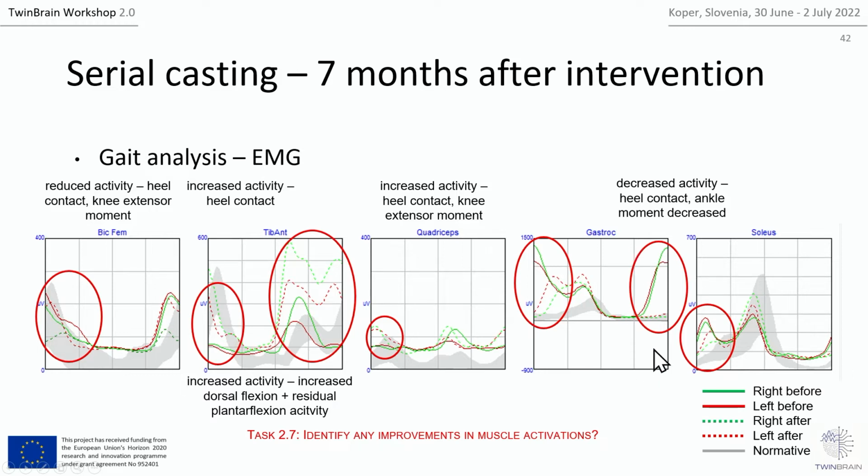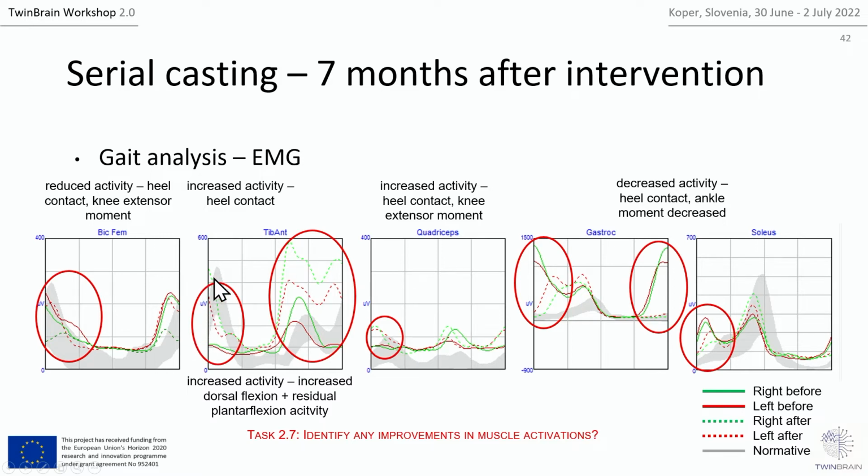And here at the end, we again show that the activation of the gastrocnemius muscles has decreased. What we also notice is that the quadriceps activity during the loading response and the initial contact is increased. This is in line with the knee extensor moment that is now present after the intervention.